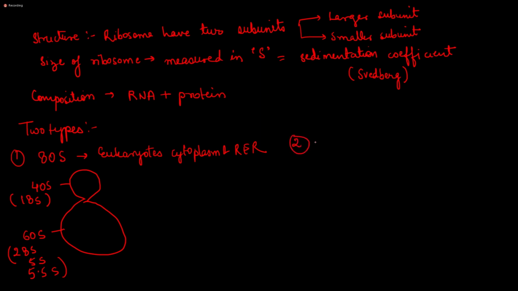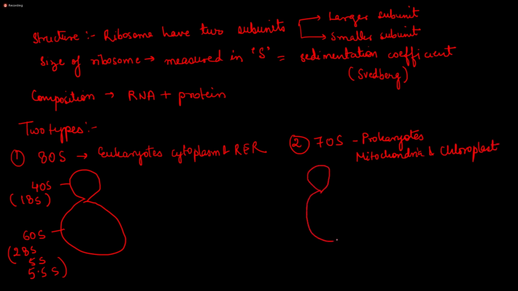Now, the second type of ribosome is 70S. Again, these are present in prokaryotes, and in mitochondria and chloroplast. If we break this, it further comprises two subunits: one is 30S and the second, larger one is 50S.